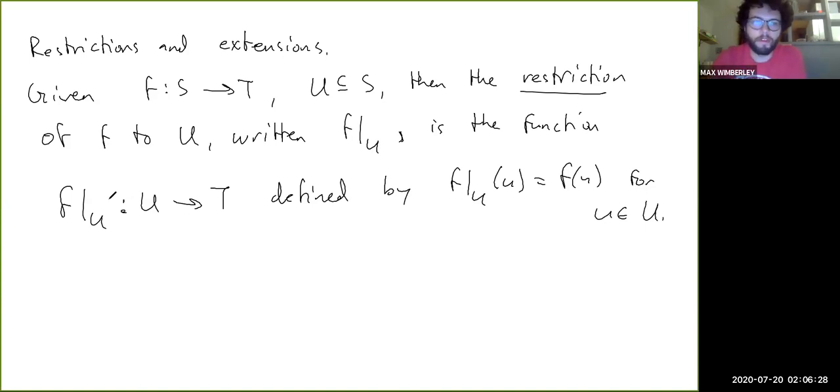So this is supposed to be a capital U down here as the subscript, and then of course we're evaluating at some point little u inside of capital U. So I'm just defining a new function.